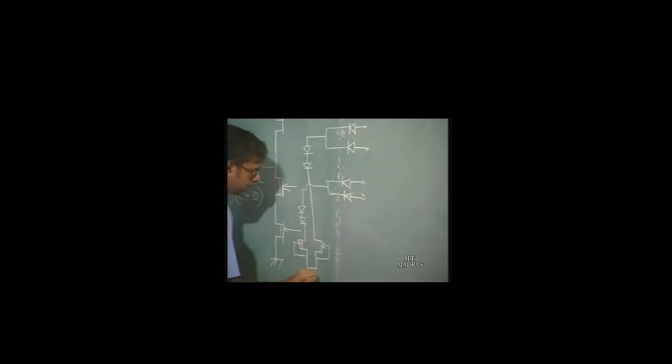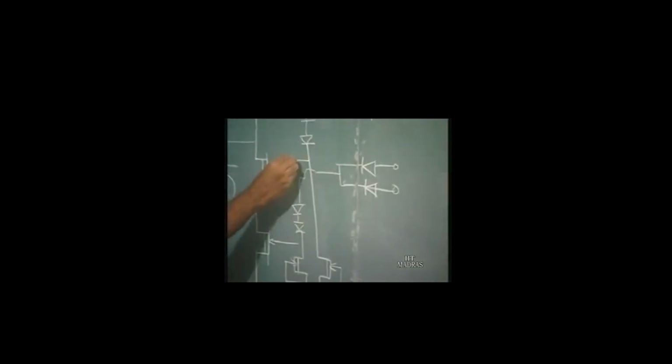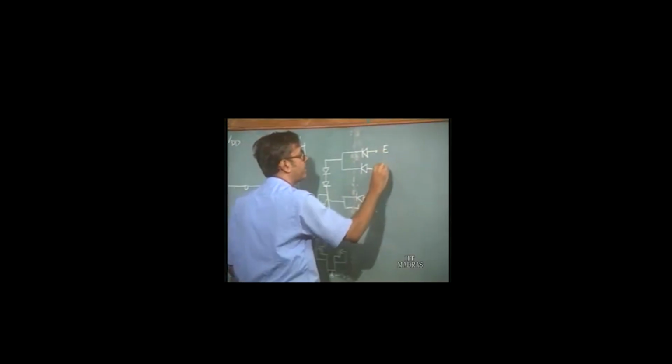So these are always parts of the circuit, minus VSS. Now from here you have this output going here, from here it goes here. So if you call this A, B, C, D, then this is E, F, G, H. Now what you have is, in fact this is not required.